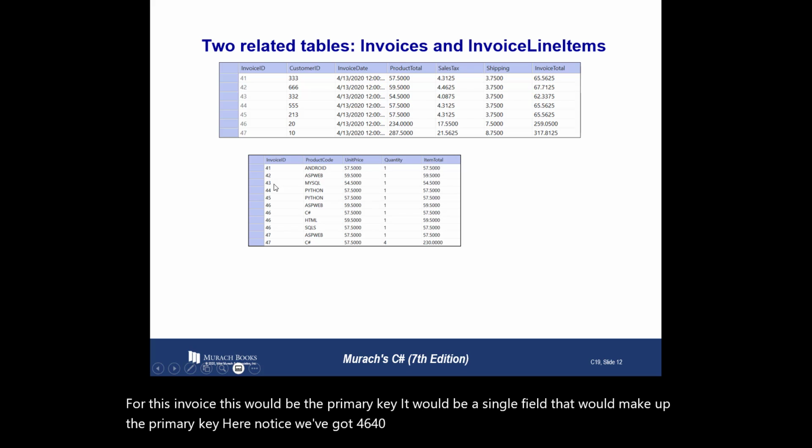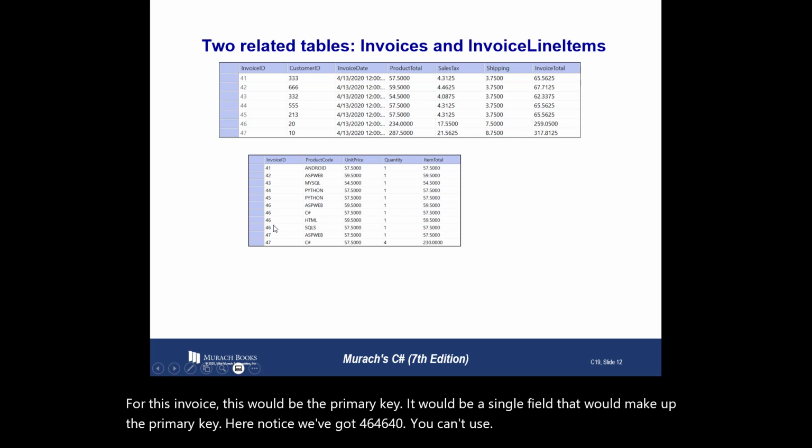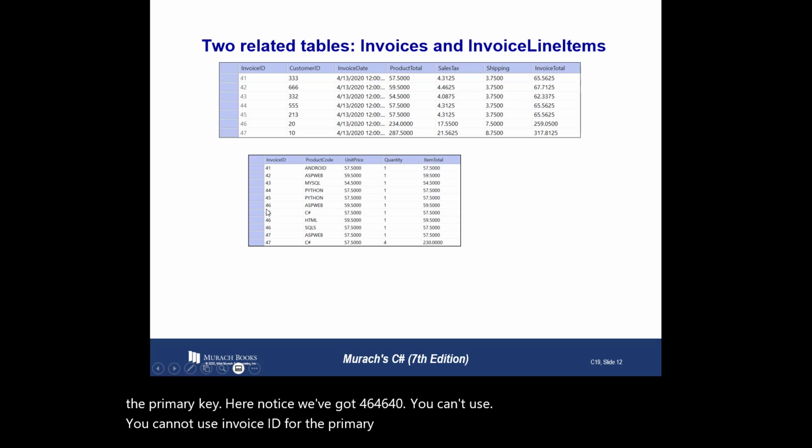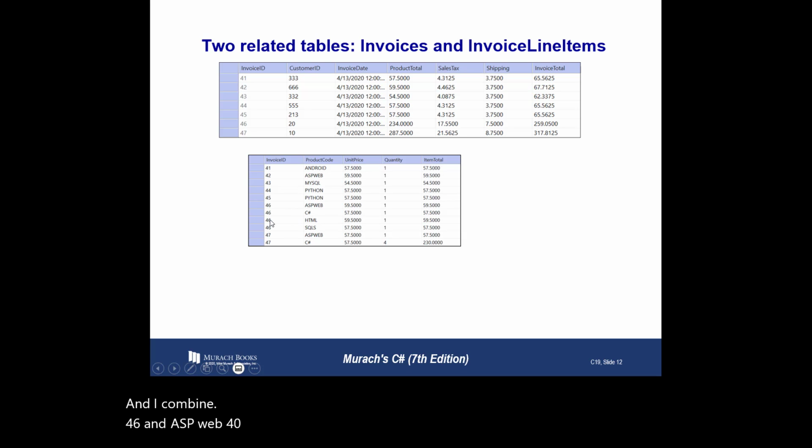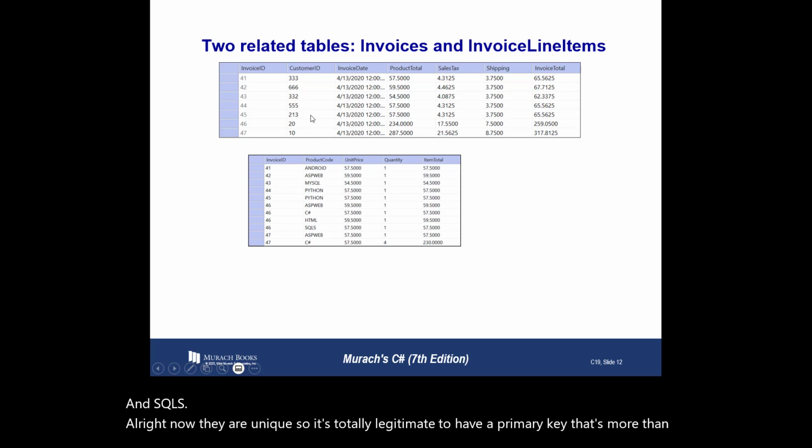You cannot use invoice ID as the unique record identifier because four are the same. But if I make what's called a concatenated primary key and I combine 46 and ASP Web, 46 and C#, 46 and HTML, 46 and SQL Server, now they are unique. So it's totally legitimate to have a primary key that's more than one field. And we could use that then to relate these tables together.